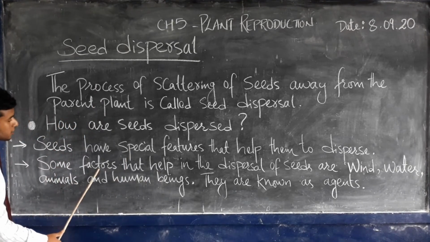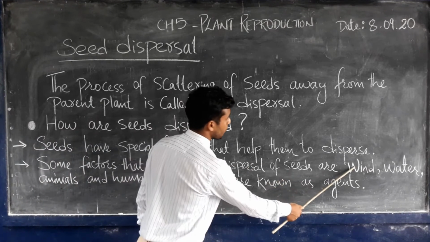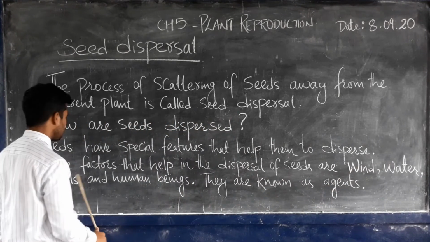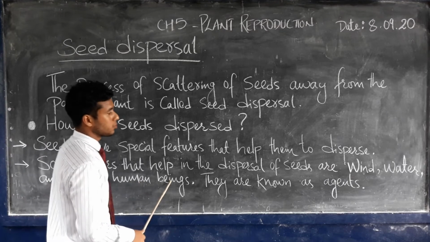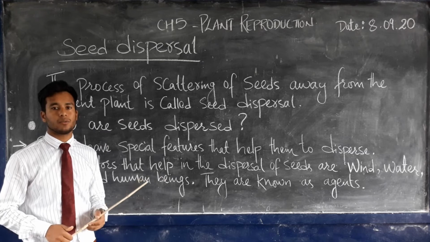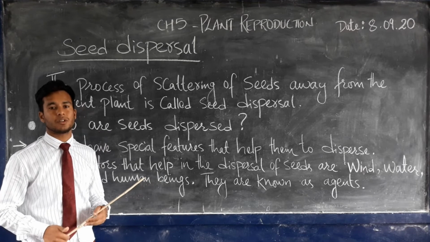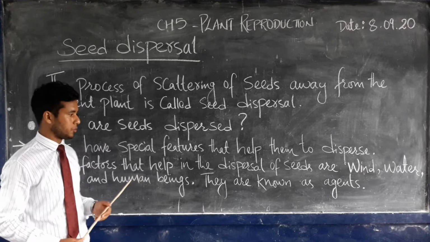Some factors that help in the dispersal of seeds are wind, water, animals and human beings. What are the factors which help in the dispersal of seed? This question may arise in your mind also.